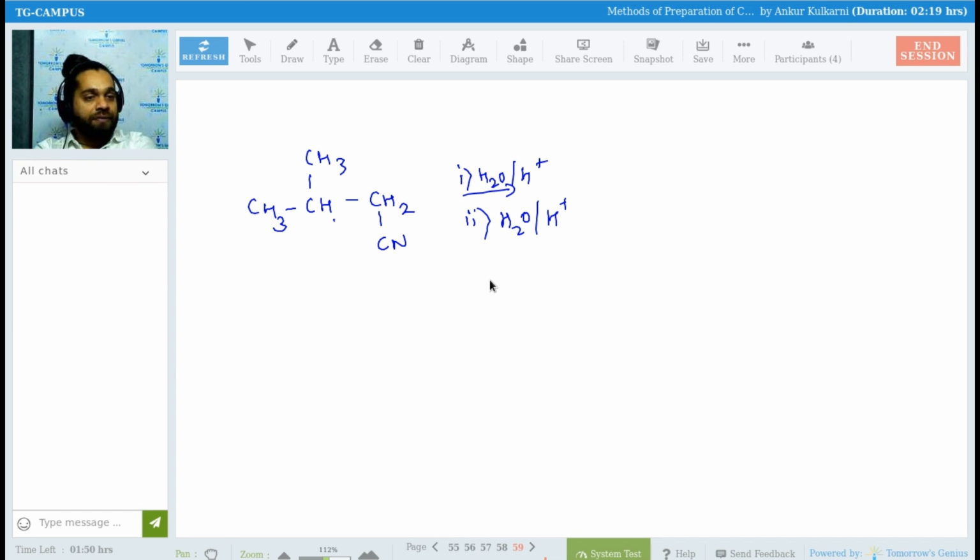Come on, do the hydrolysis. You have a nitrile. Just now we have learned that if you have nitrile, you hydrolyze, what you get. If you further hydrolyze, what you get.